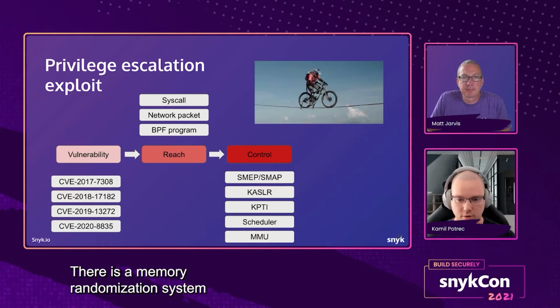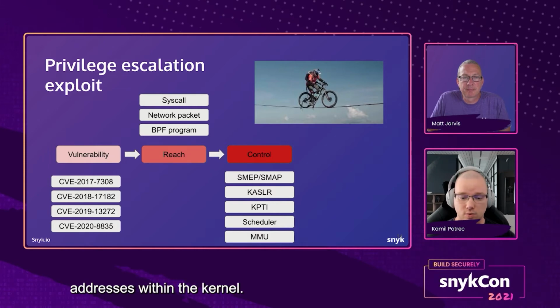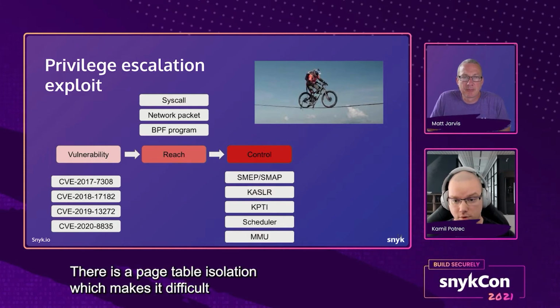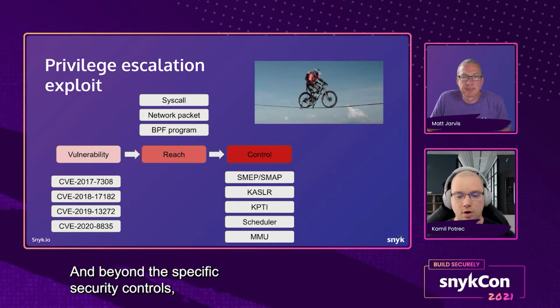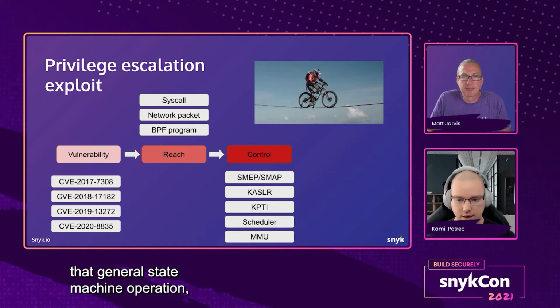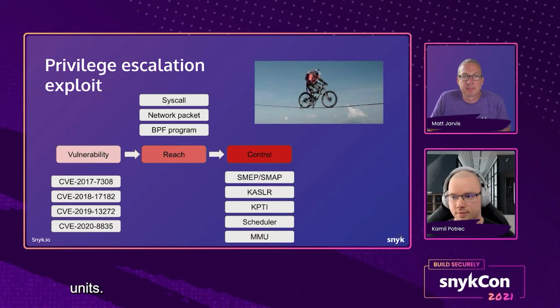There is a memory randomization system that shifts around internal function addresses within the kernel. There is page table isolation, which makes it difficult for us to access user space memory from the kernel and vice versa. And beyond the specific security controls, there are general state machine operations that continuously overwrite memory in the Linux kernel, like the scheduler and memory management units.